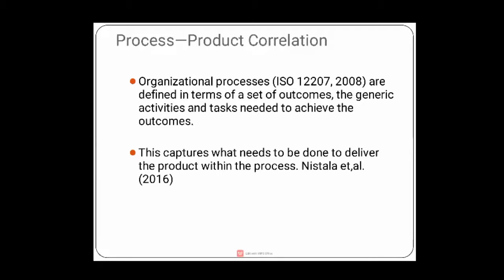As a result of this regulatory mechanism, you have to maintain certain qualities, right? So these can be fulfilled by having this. That's why they say organizational processes are defined in terms of a set of outcomes, the generic activities and tasks needed to achieve the outcome. This captures what needs to be done to deliver the products within the process, right?